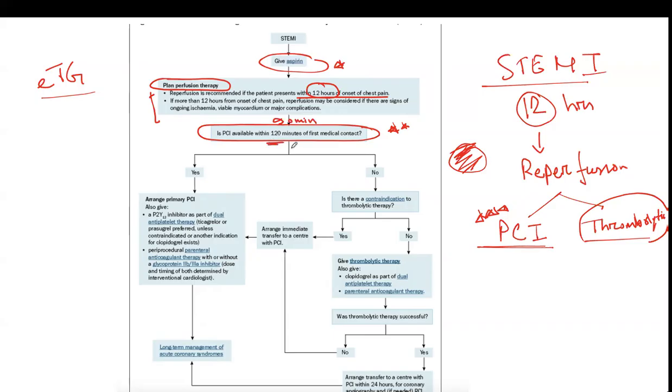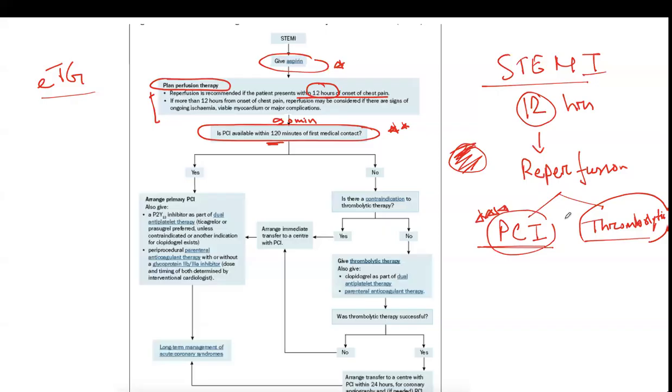So the first medical contact means that when patient first came into your hospital, from that time, are you able to send the patient for a PCI within 120 minutes? If you can, so within 2 hours, if the patient can get a PCI, then the PCI will be the preferred choice.